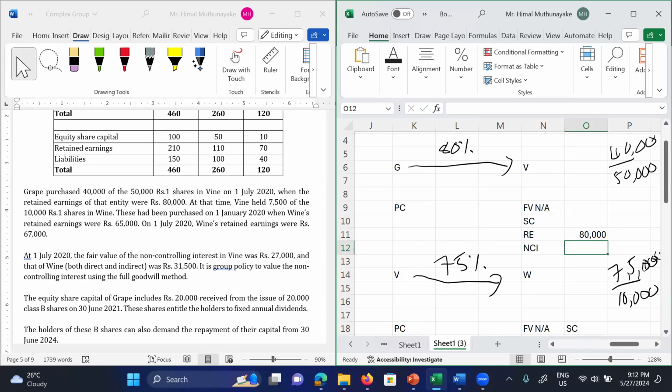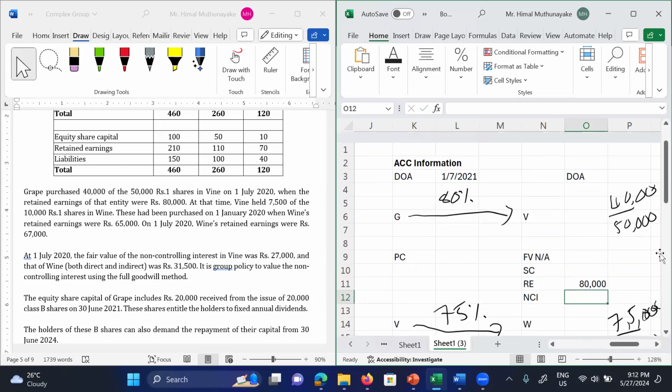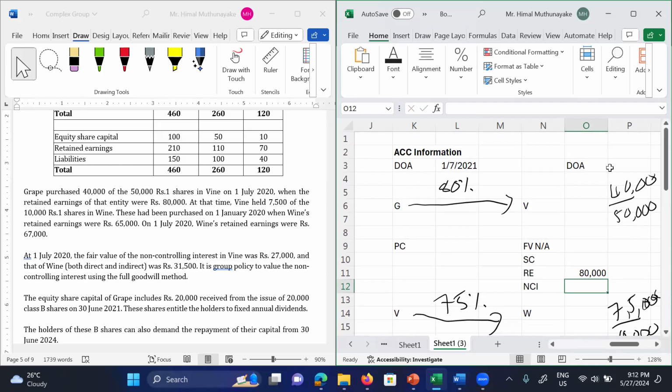These had been purchased on 1st January 2020, right? So the date of acquisition for the second business combination is when? 1st January 2020. So now you can see the differences between the acquisition dates.